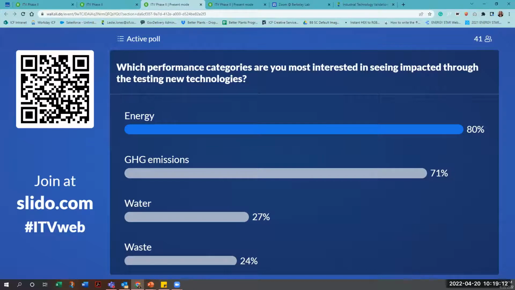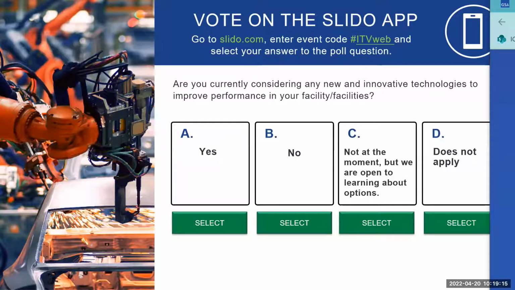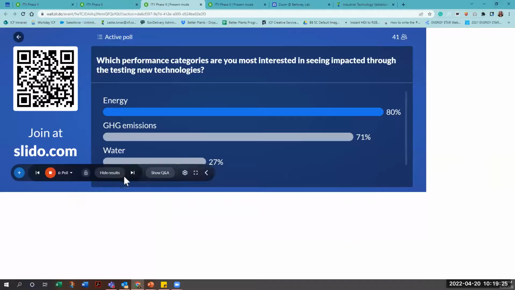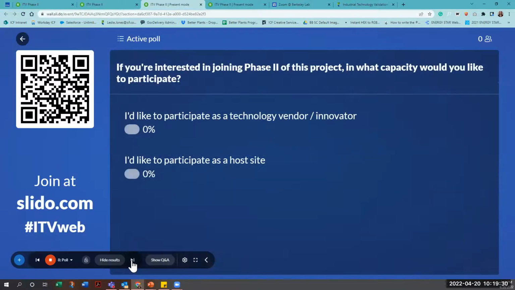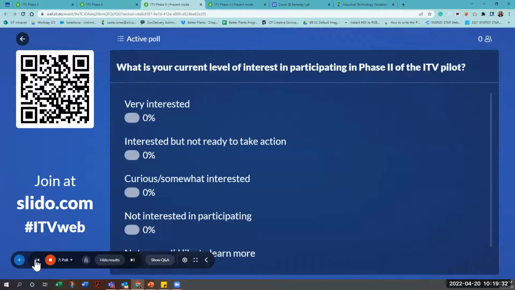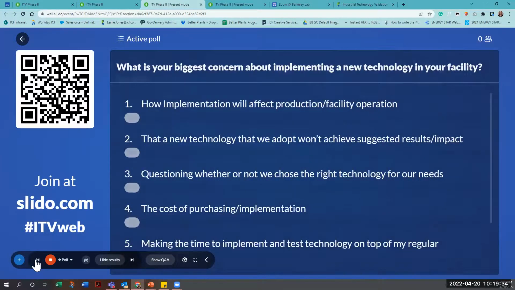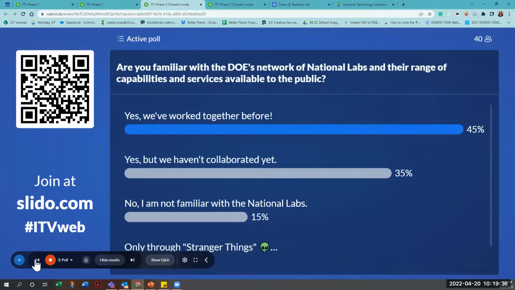We have a few questions right now, focusing more on the actual technology portion. Are you currently considering any new and innovative technologies in your facility? I'm going to open up the next poll and we will take a look at what you are looking at.